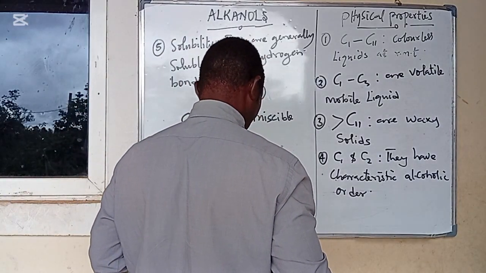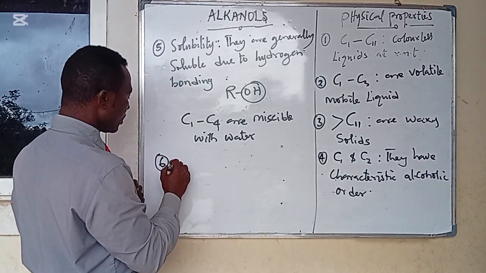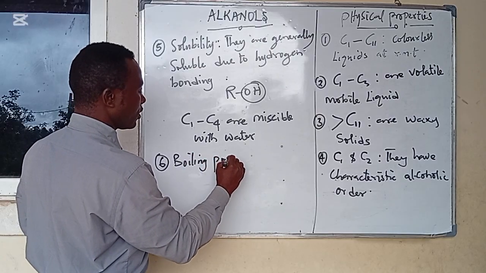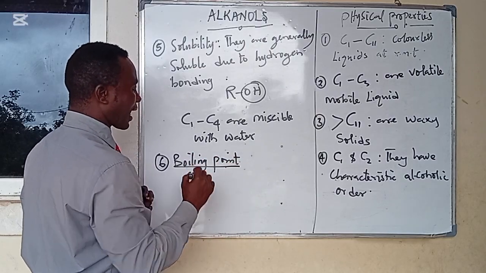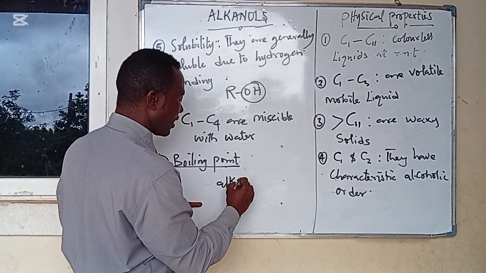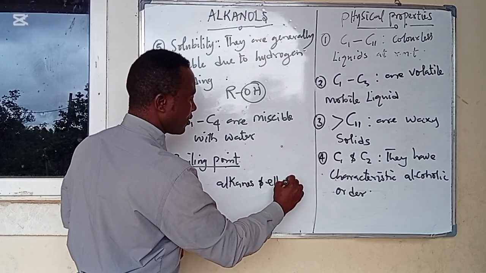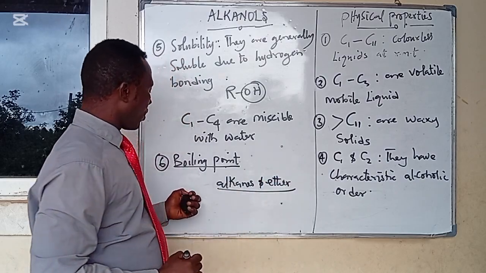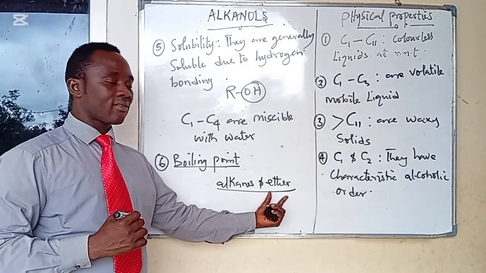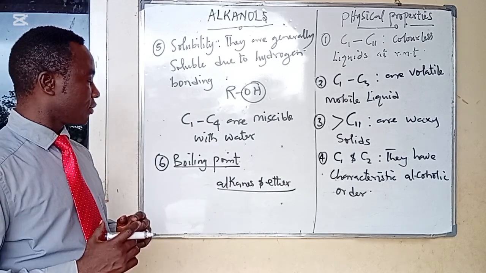Then number 6 is about boiling point. The boiling point of alkanols is higher than the boiling point of the alkanes and the ether. The reason for their boiling point being higher than those of alkanes and ether is also due to the hydrogen bonding.